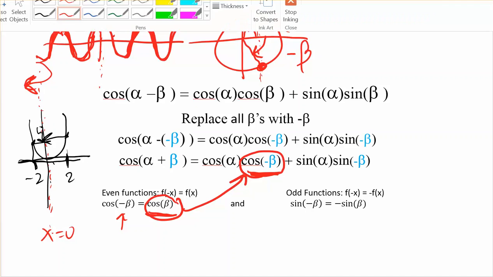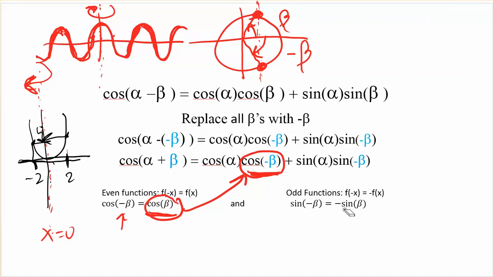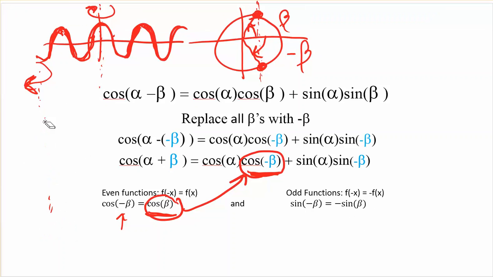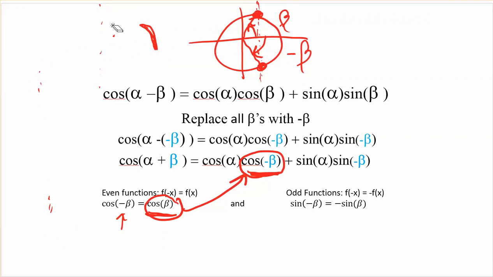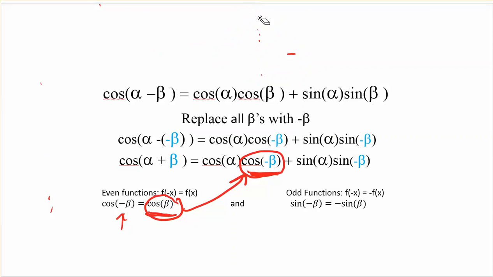Okay? But it's not the same for the sine function. The sine function is an odd function. And odd functions are symmetric about the center or the origin. It's more of a rotational symmetry.